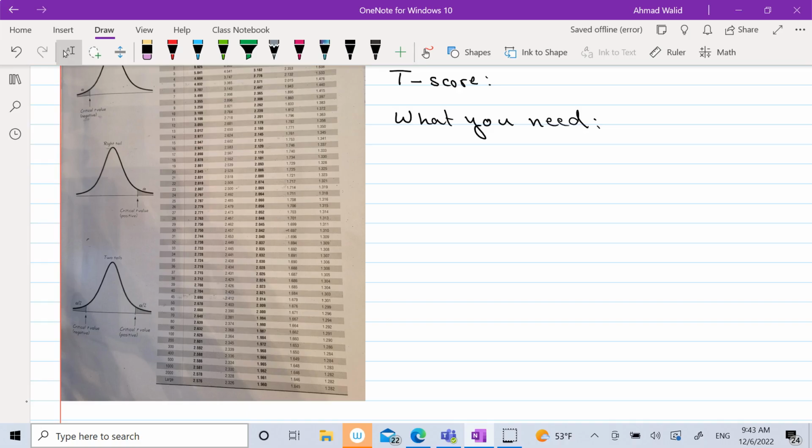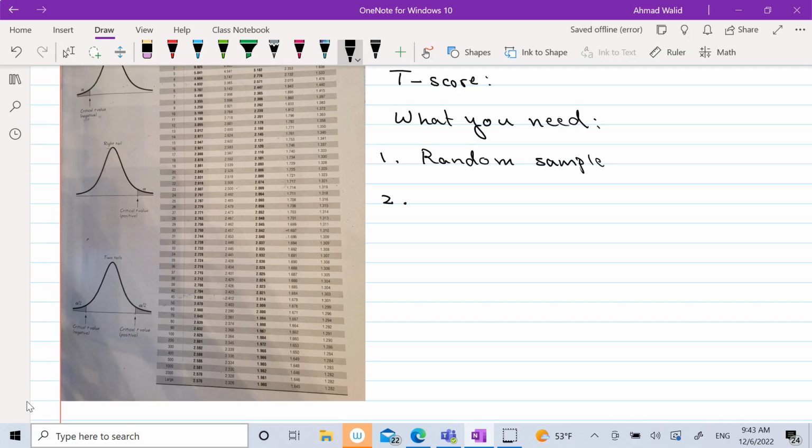The first requirement is your sample should be random. You need a random sample as usual. Always your sample should be random.